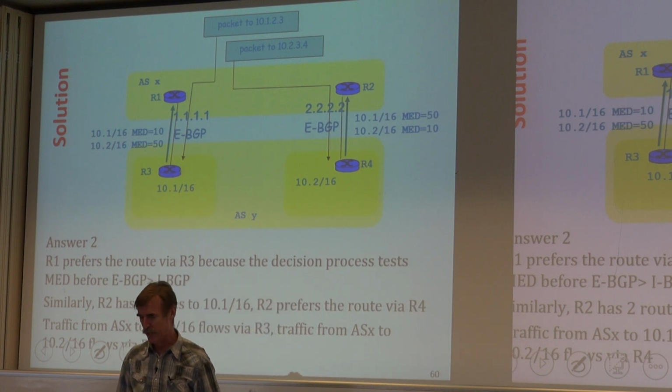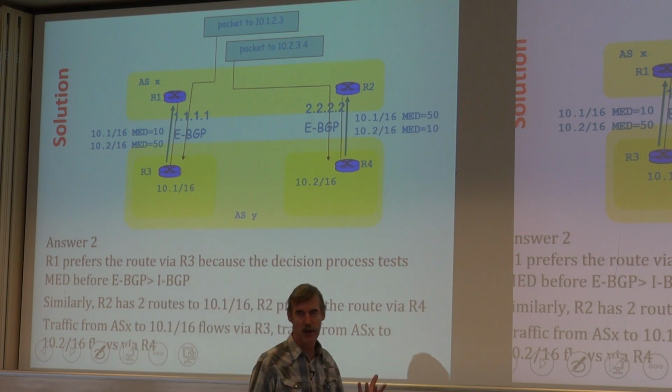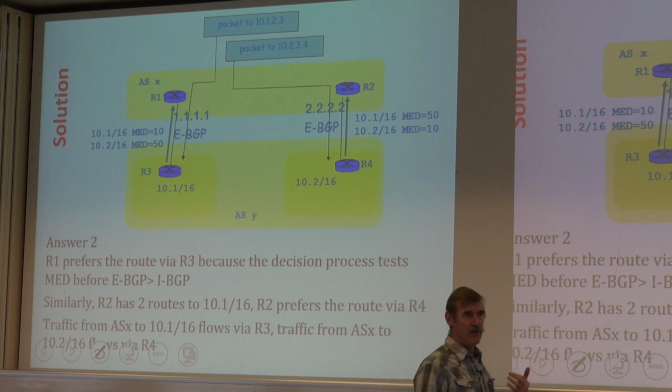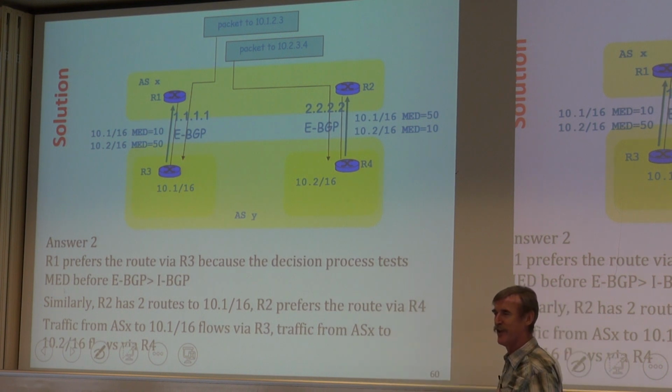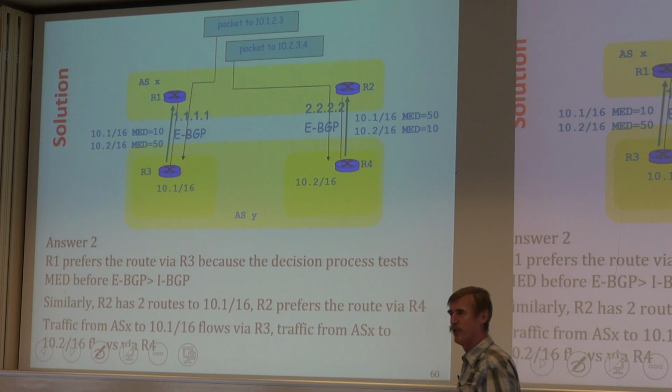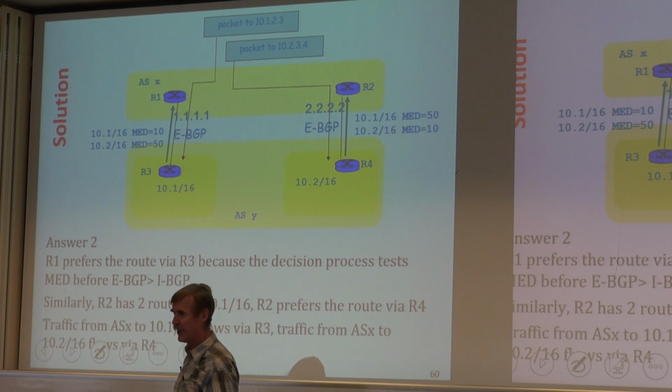So MED is typically given in situations like this, where you have a customer-provider relationship, which in particular means that X and Y collaborate. Because if X and Y are peers, for example, you could try to do that. You could say, oh, I'll pass the packets to my competitor, and I'll try that competitor to carry most of the traffic for me.